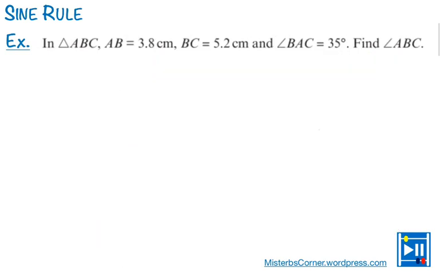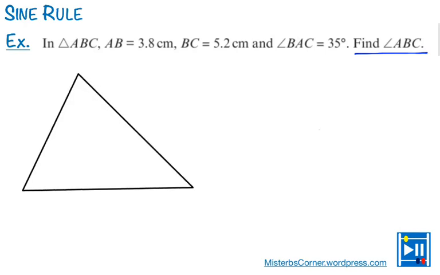In this example, we are asked to find an angle measure. So again, let's visualize this. It's going to be a triangle, and it doesn't matter what you write for A, B, C, let's write it here. AB is 3.8 centimeters, and BC is 5.2 centimeters.